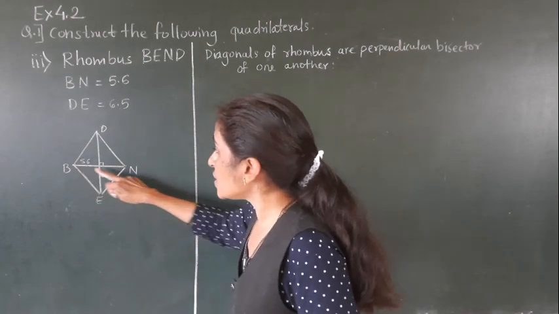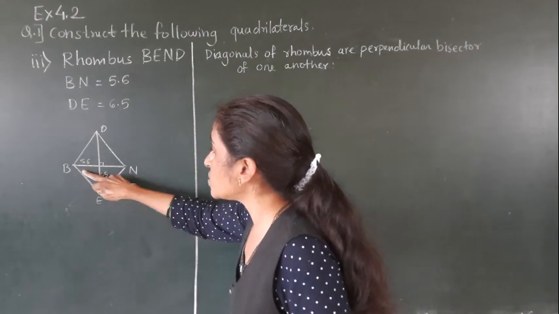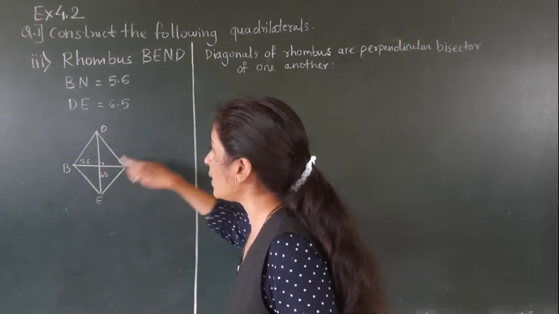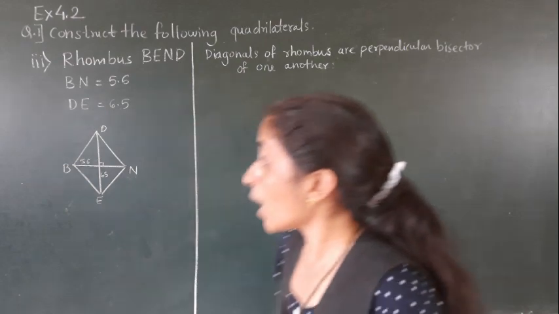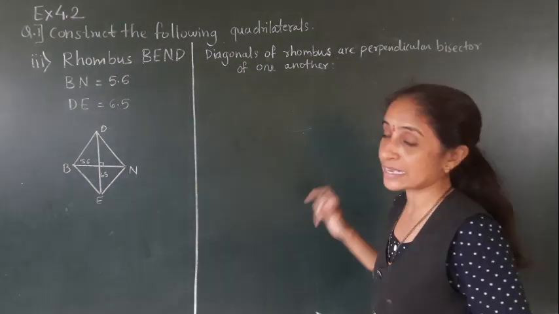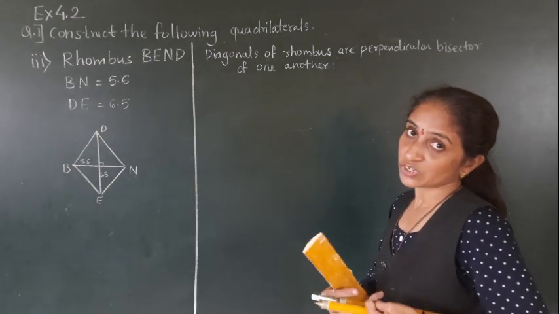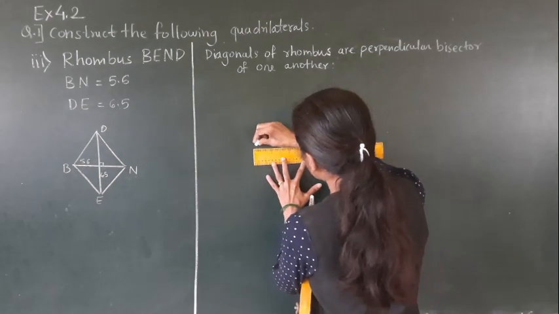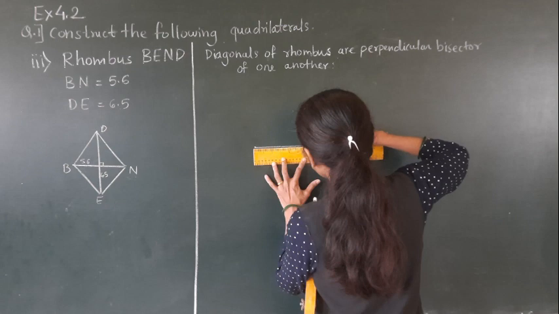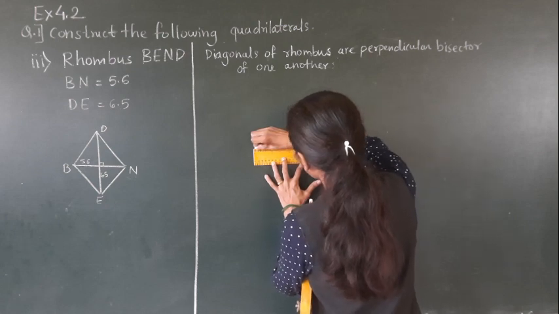Now what we know, BN. BN, how much is it given? 5.6. So what is the first step? You have to draw the 5.6 line segment. See, I will take a little bit big measurement to be visible for you properly.